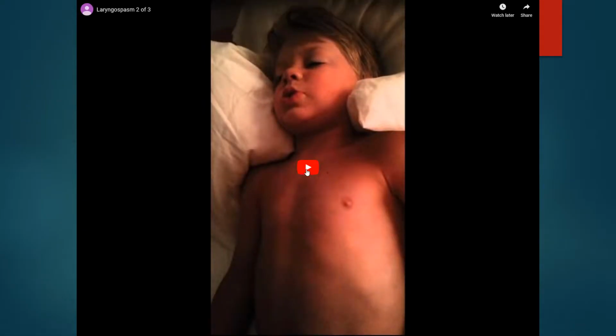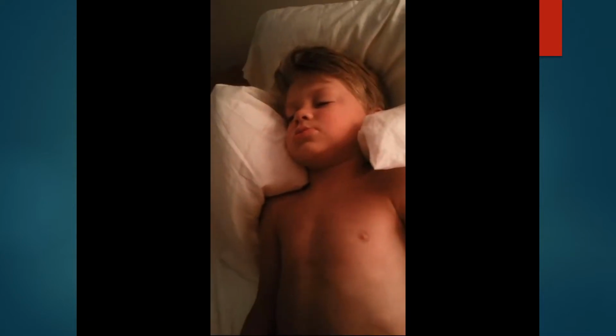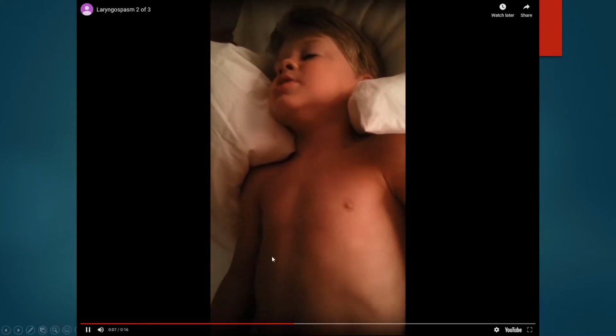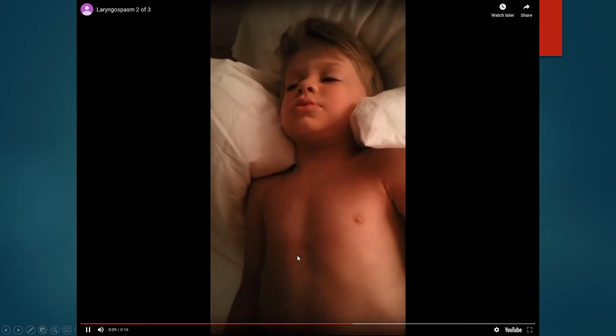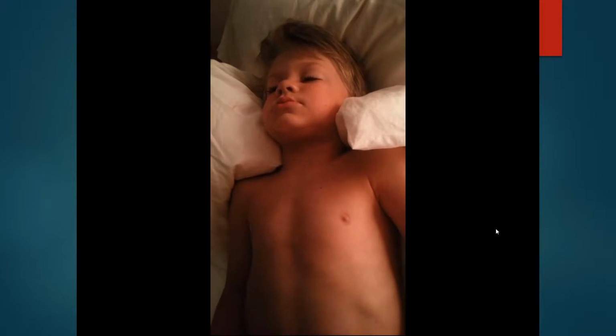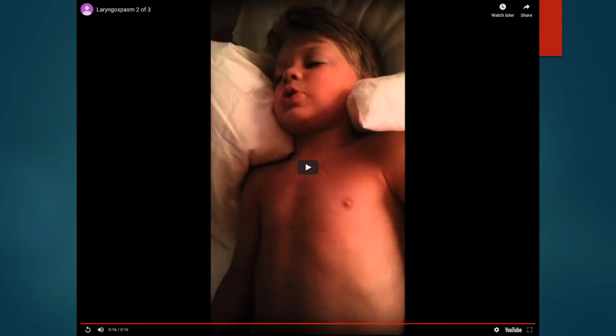Here's another one. You can hear the stridor much better here. And again, look at the diaphragm here. And also, did you see the accessory muscle movement in this patient?